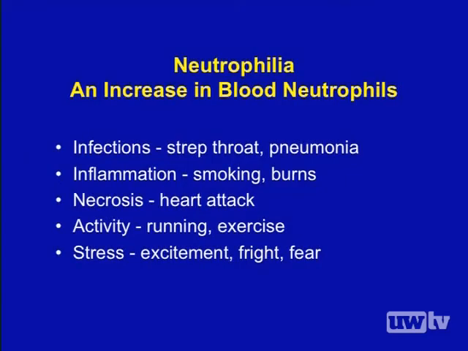But other events, damage to any tissue like a heart attack, running or exercise elevates white blood cells, as does stress, excitement, or fear. All of these are events which move cells around and affect the white blood cell count. So what good doctors do is know how to interpret this information, how to use it in terms of medical practice, and that's why it's such a commonly used test.